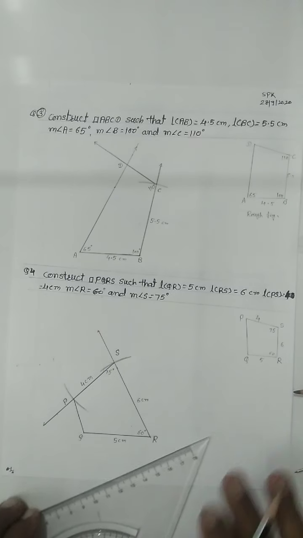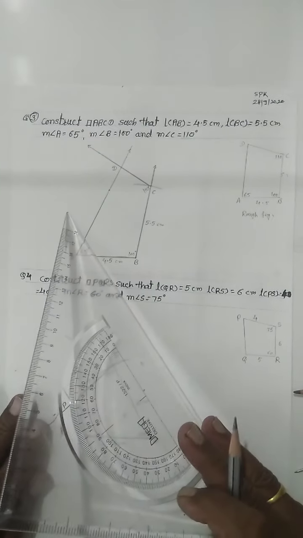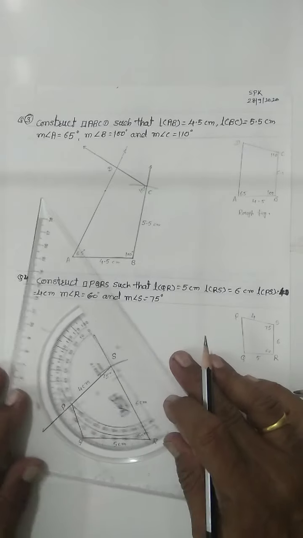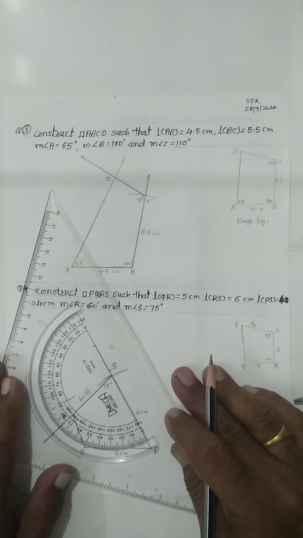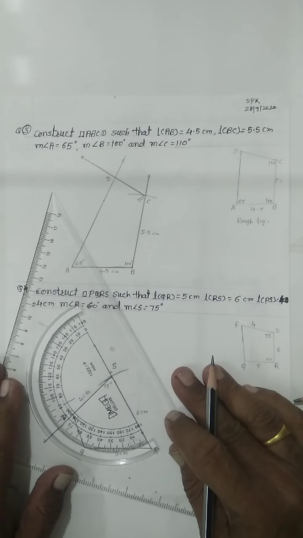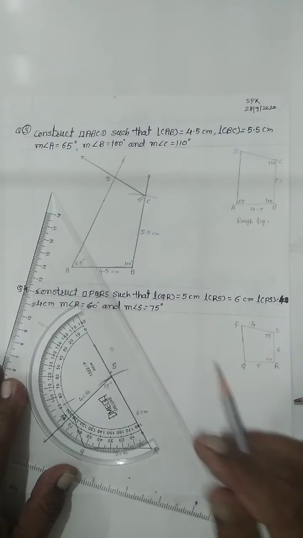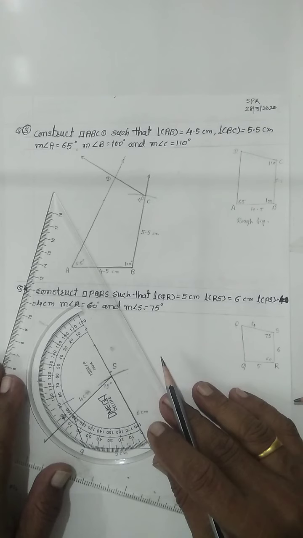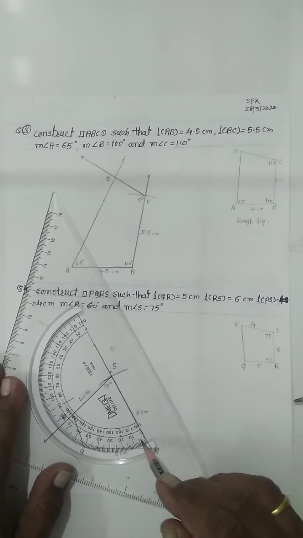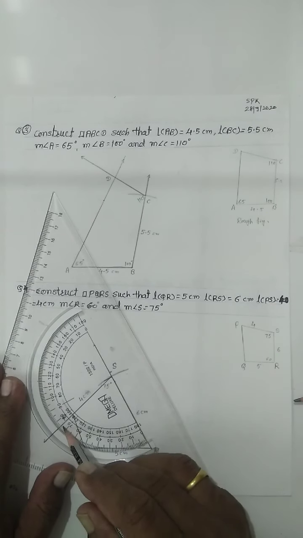Now put the protractor on this point S and take an angle of 75 degree. See 10, 20, 70, 75.